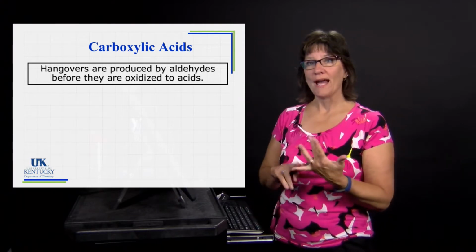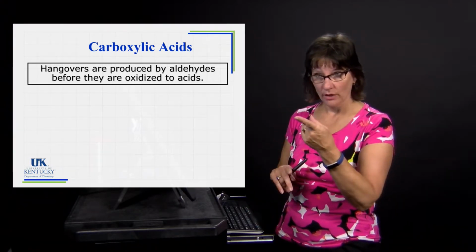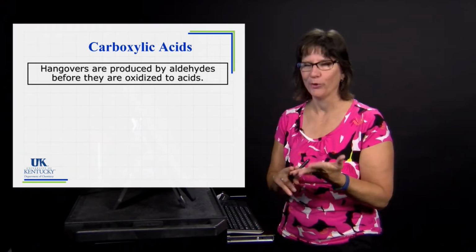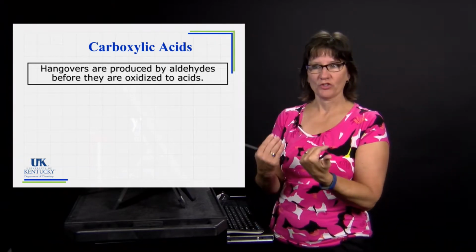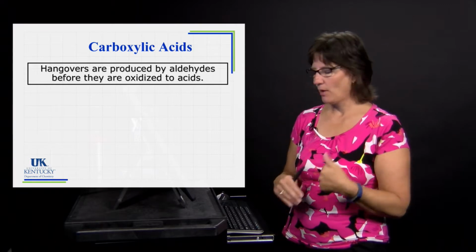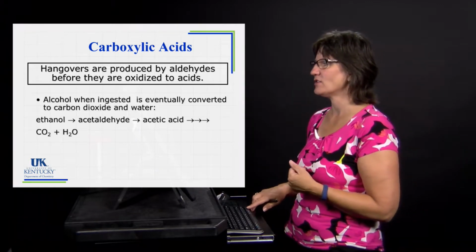When you drink alcohol, not you, but in general, when alcohol is consumed, it is going to first get converted to aldehydes, but then in our body get converted to acids as well.